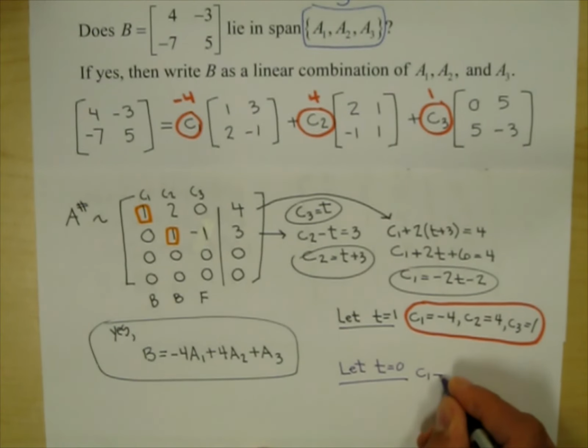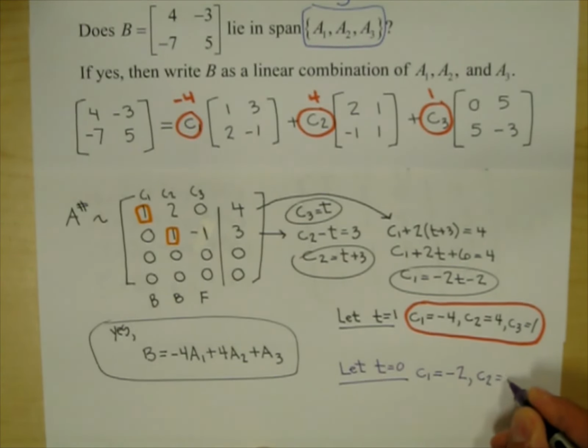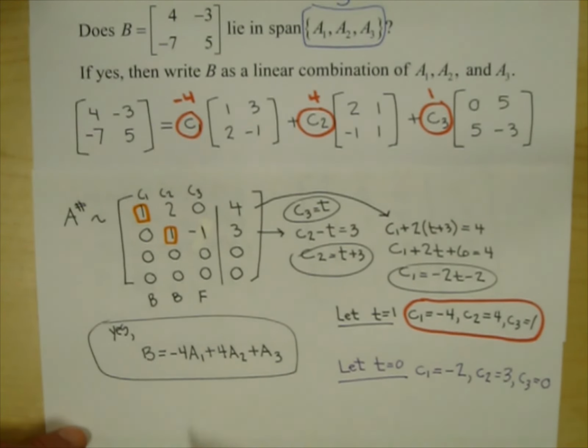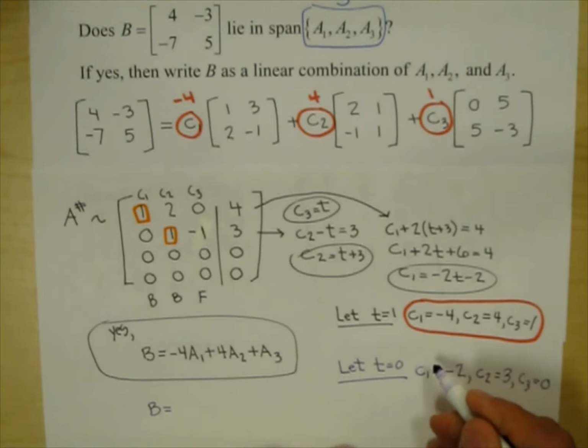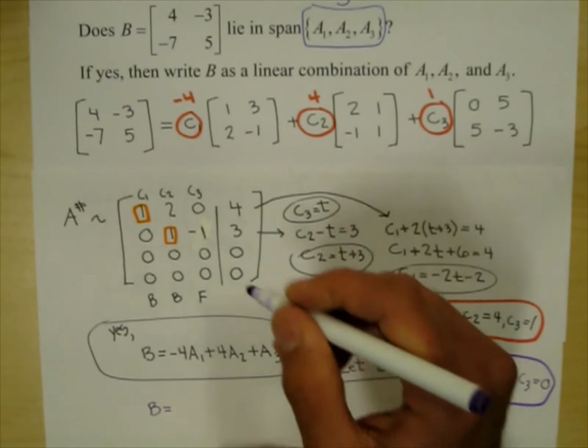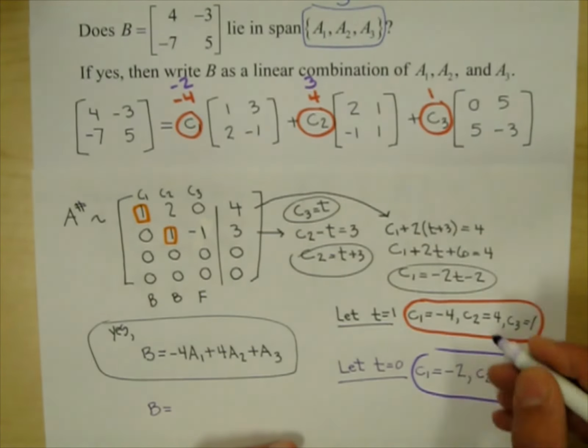So C1 would then equal -2, and C2 equals 3, and C3 equals 0. So this is my answer, but I could have instead said B equals, watch this, I'll circle this in purple. So we could have had a -2 here instead, a 3 there, and a 0.